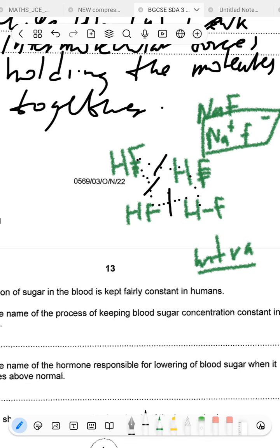Let's say you started off with hydrogen fluoride as a solid. These forces are going to be very strong in the case of a solid. Then as you heat the substance up, some of these forces are broken, but not all of them, because it will remain a liquid at some point, then a gas. Now in gases, you have the least strength for the intermolecular forces.